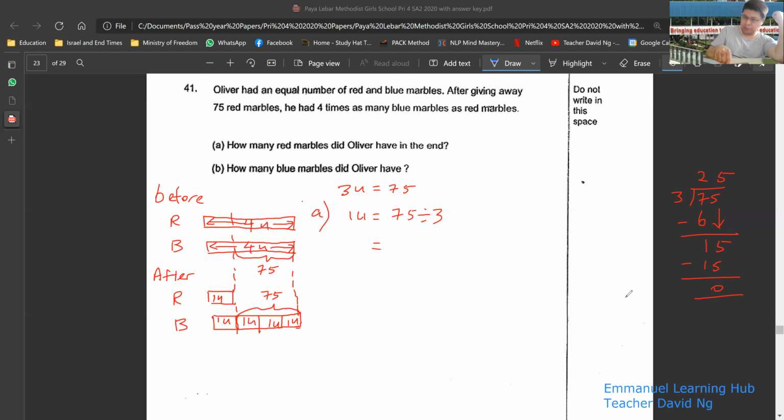Based on here, what do you see? 75 divided by 3 is 25. You know how to tell that it's 25, right? From here. So 1 unit is 25.